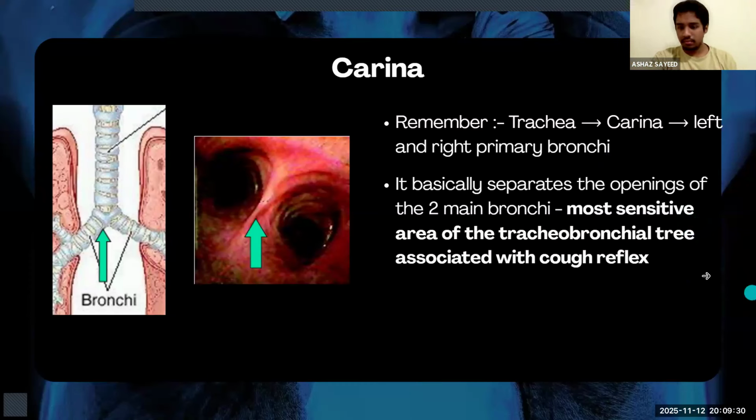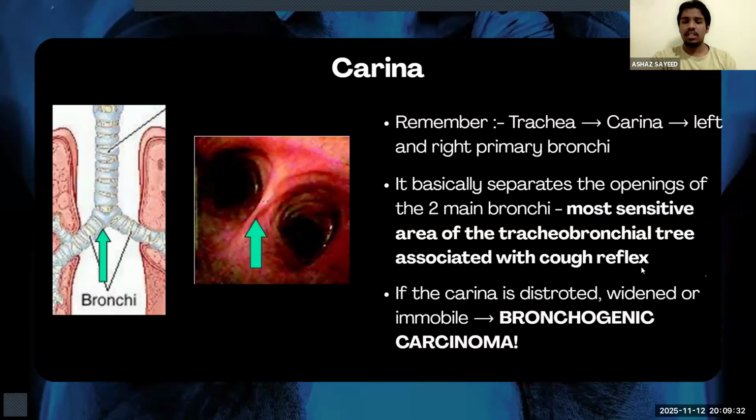And the other thing is if, instead of this flat wall-like ridge, it's widened and changing shape, it probably means you have something called bronchogenic carcinoma. I will discuss this further down the lecture. Two things to remember from this part: one, it's the most sensitive area and it's associated with the cough reflex, and two, if there's something wrong with the carina, it's bronchogenic carcinoma. That's it.